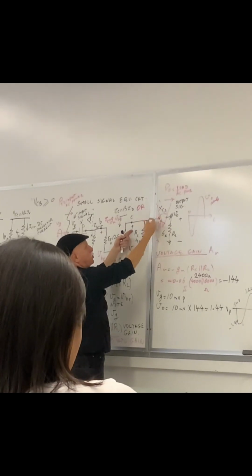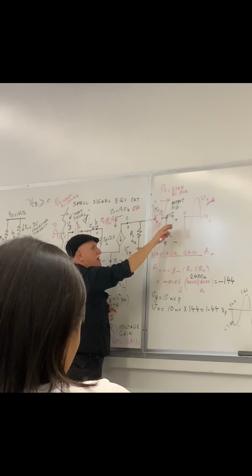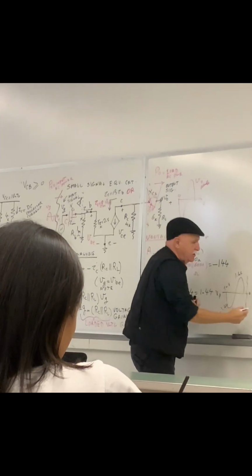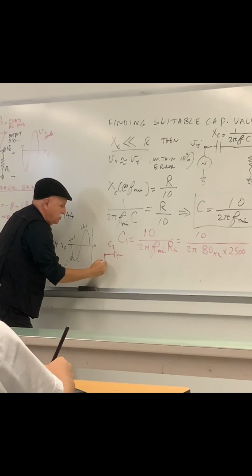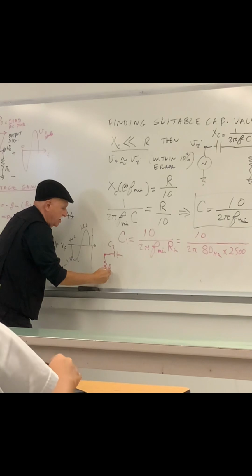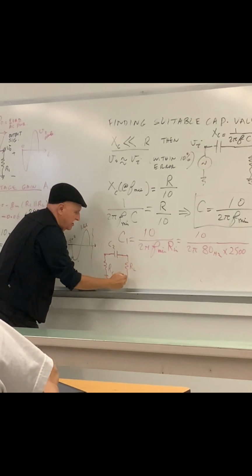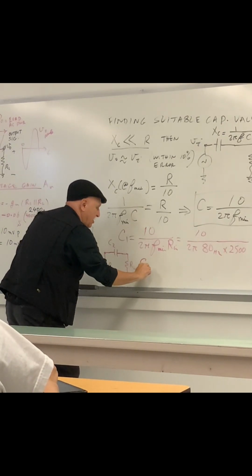From this end, when you look back, you see the RC. From that end, when you look back, you see RF. Draw them separately. It will be C2. From this end, you will have RC. From that end, you will have RL to the ground. And here you go, value for C2.